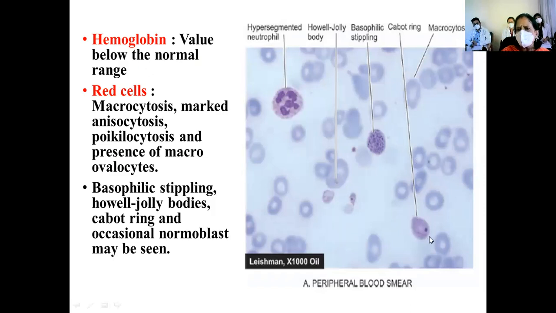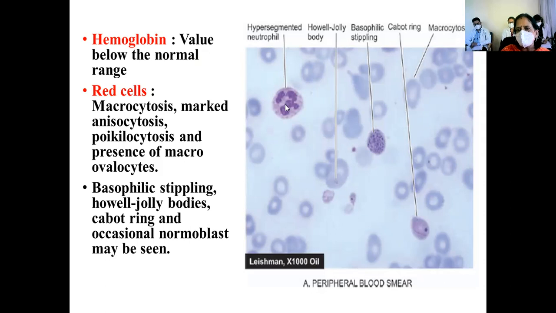Then see, RBCs have some rings. The ring could be like a ring, or it could be in the form of, what is this I'm writing? 8. So they could be in the shape of a figure of 8. Then if they're responding to treatment, you may see polychromatophilic RBCs, which tell us the bone marrow activity.